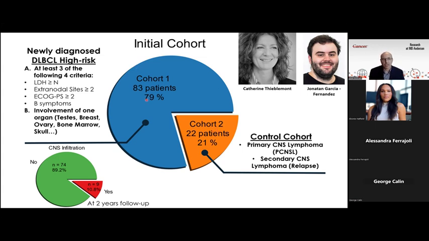Those 83 patients were followed for 2 years, and 9 of them developed CNS lymphoma. Now, I should say that all of them were considered to be high risk. So you can see how poorly these high risk factors define how many will develop CNS lymphoma.